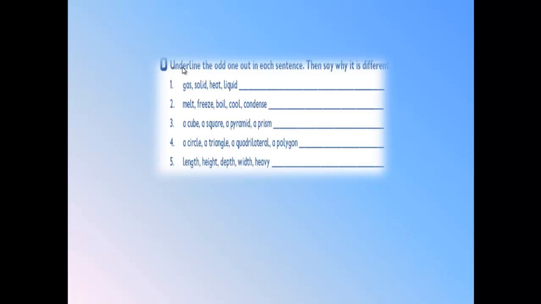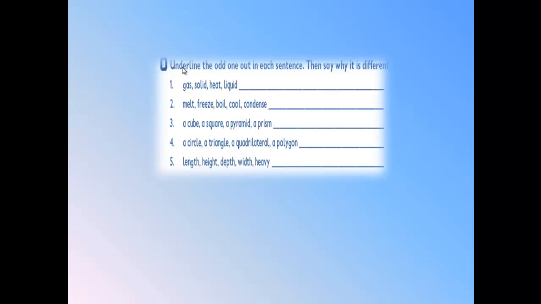Number 2, melt, freeze, boil, cool, condense. Here the odd word, the strange word, is cool, because it doesn't involve a change of state, whereas melt, freeze, boil, and condense involve change of state. Number 3, cube, square, pyramid, prism.